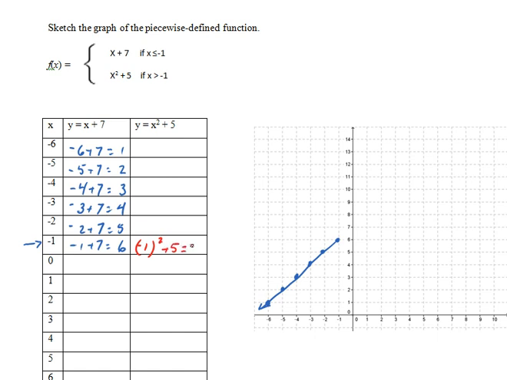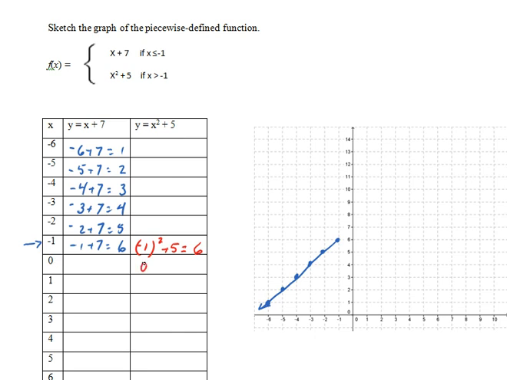It's also going to be 6. In general, I would plot this as a new point, negative 1, 6. However, that has already been graphed with the first part of the definition. And so I'll continue now and determine the value at 0, 1, 2, etc.